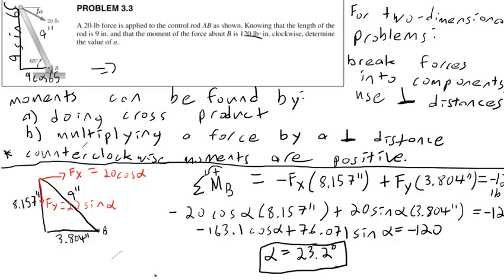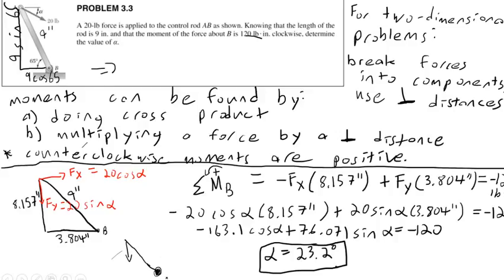Imagine I were to come here, attach a rigid rod to a pivot point here, and then apply a force to this thing. Which way would this rotate? And that's how you determine that. This thing would clearly rotate in a counterclockwise direction. So therefore, the moment generated by this is positive.